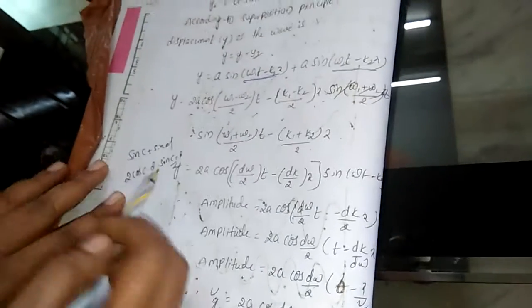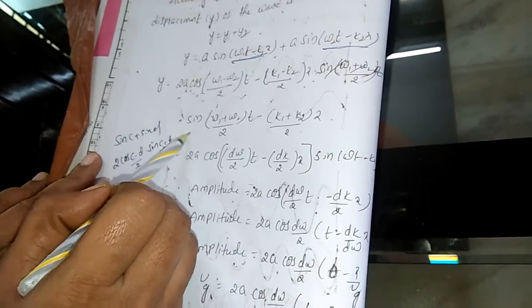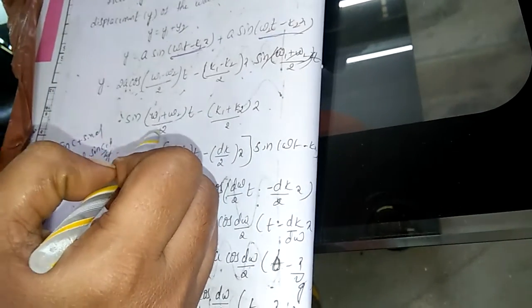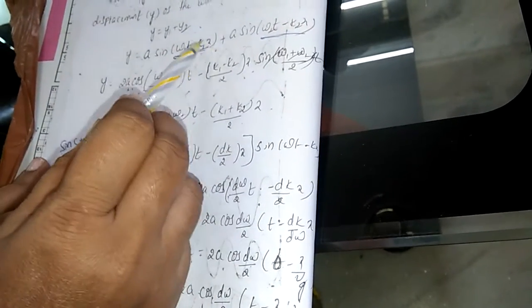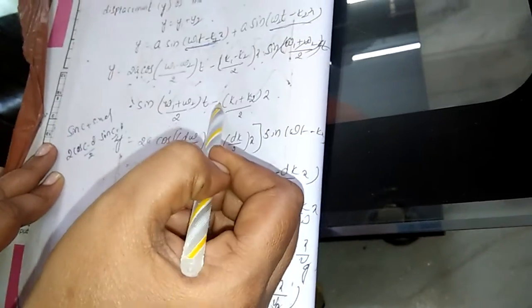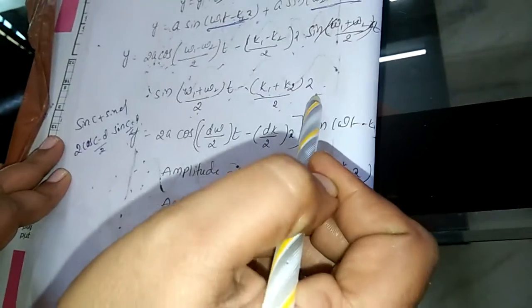Similarly, in the sin term we take c plus d by 2, so sin of (omega1 plus omega2)/2 into t minus, taking the common minus, (k1 plus k2)/2 into x.